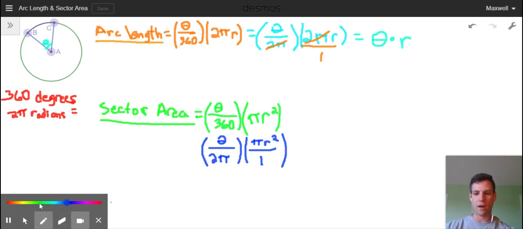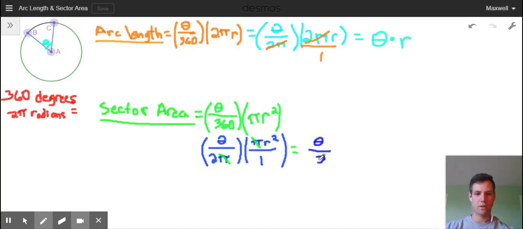Now, if we look at our formulas, we have a 2 pi in the denominator and pi in the numerator, so we can cross off those pi values. That means our formula in the radians version would end up being theta over 2, or half of our angle in radians, multiplied by our radius squared.